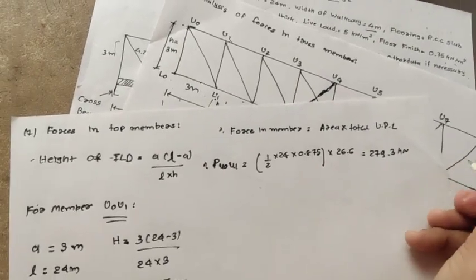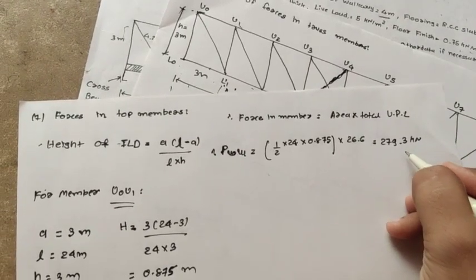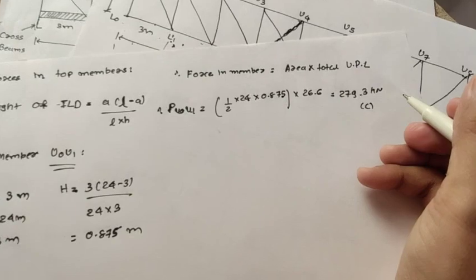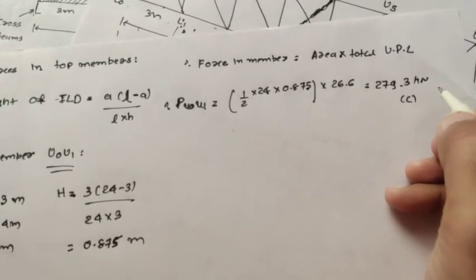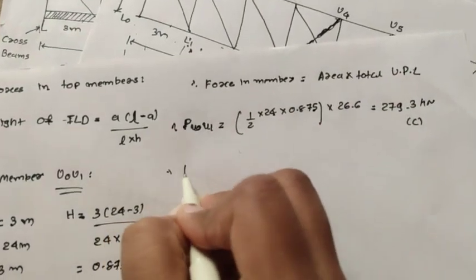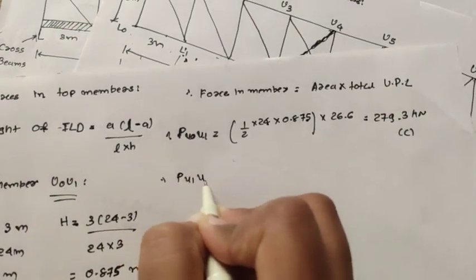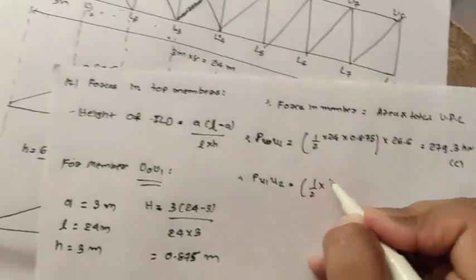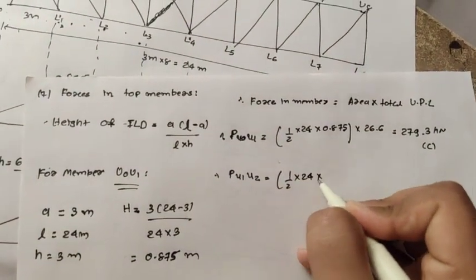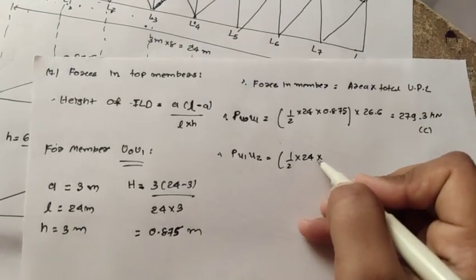Here if the value is plus, we consider the member to be in compression, and if the value is minus, we consider the member to be in tension, right? So talking about the PU1 U2 member, the length is constant, which is 24 meter, right?